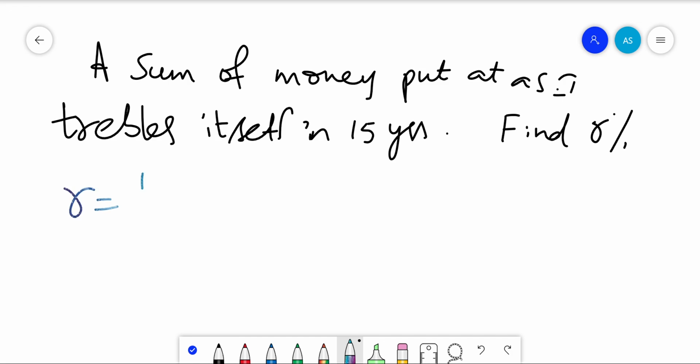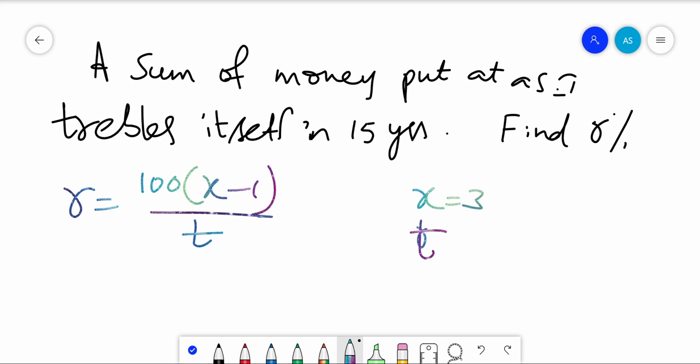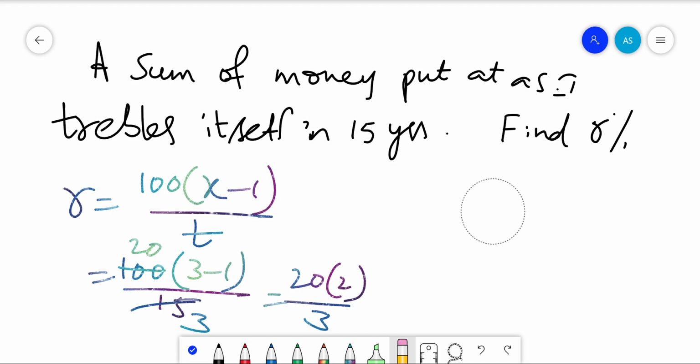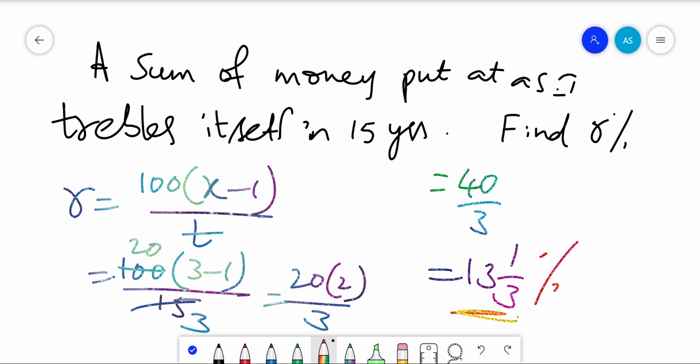R is equal to 100 into (x minus 1) by t, where x becomes 3 and t becomes 15 years. So that is equal to 100 into (3 minus 1) by 15, which is 20 into 2 by 3, that is 40 by 3. So 13 1/3%. So rate of interest is equal to 13 1/3%.